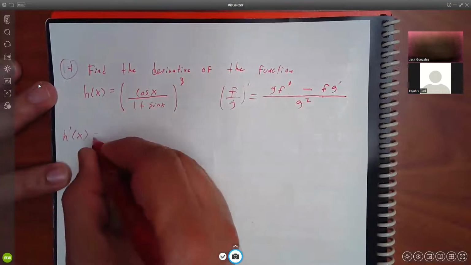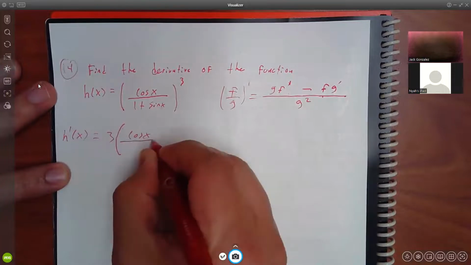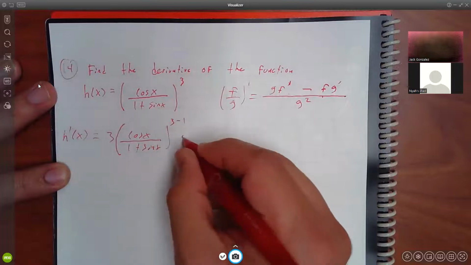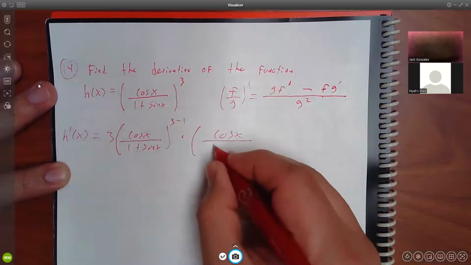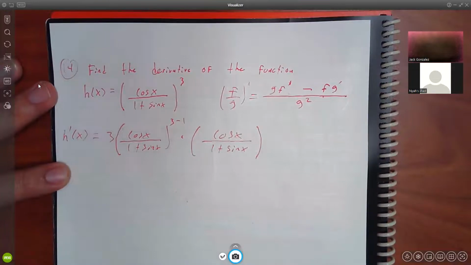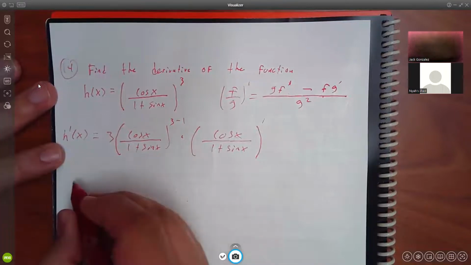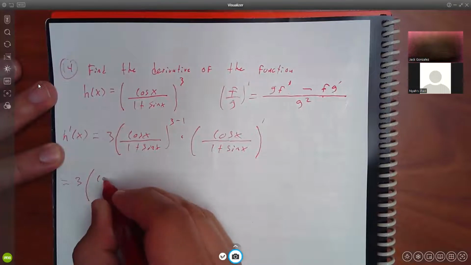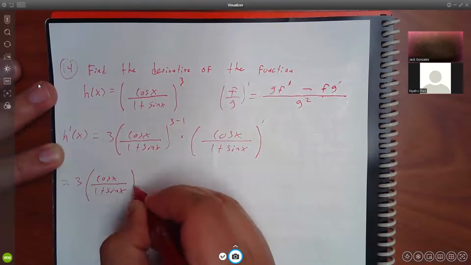So bring down the 3, subtract 1 from the exponent, times the derivative of the inside. So that'll be 3 times cosine x over 1 plus sine x, squared.